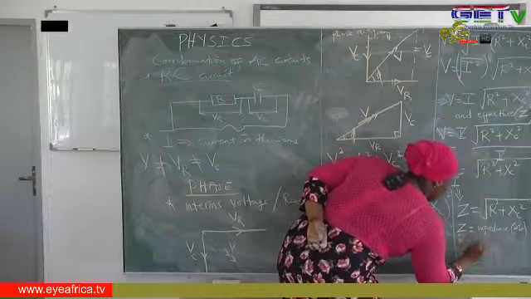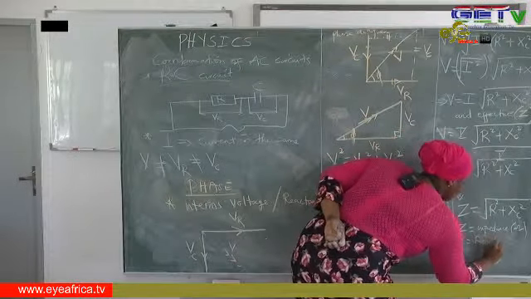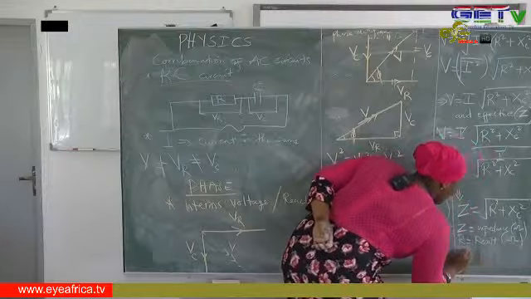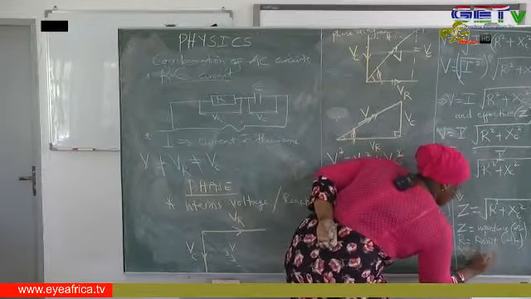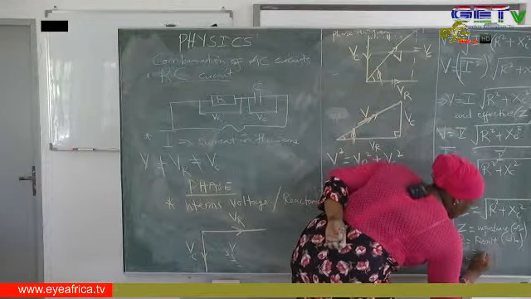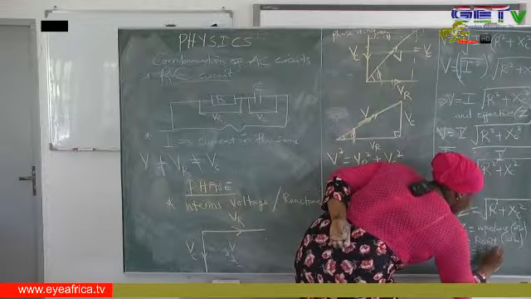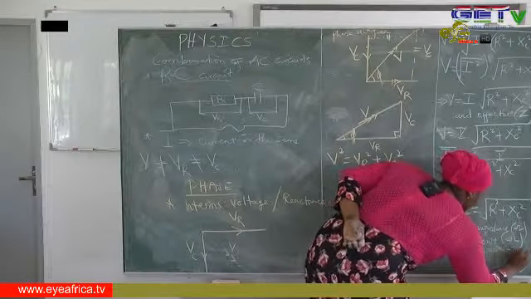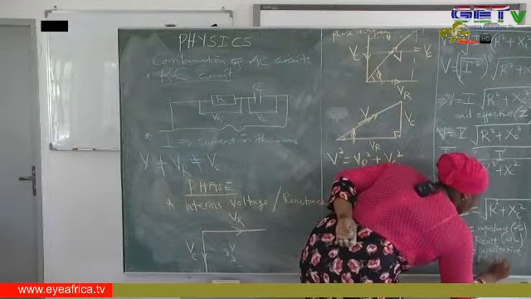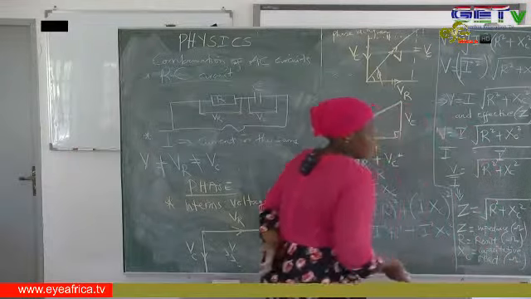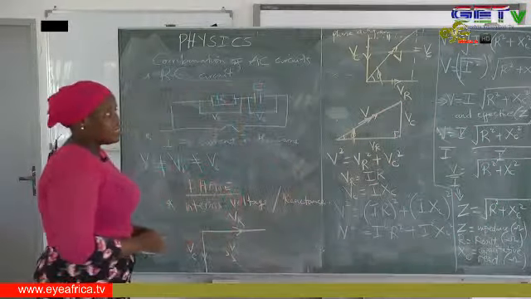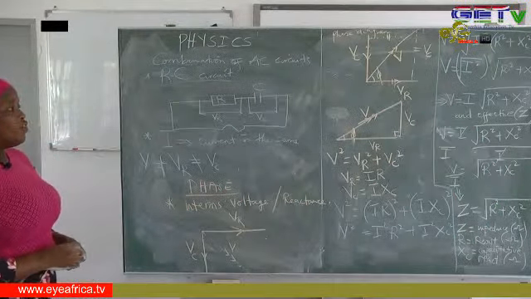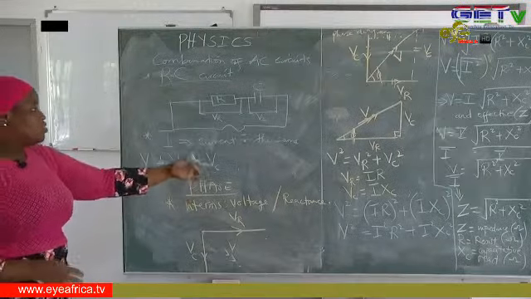R is the resistance, and the unit must be in ohms. And XC is the capacitive reactance, which is also measured in ohms. These were all defined terms, and that's all for this particular diagram.